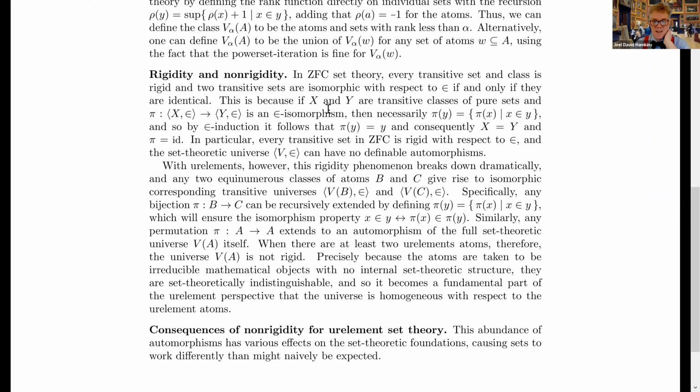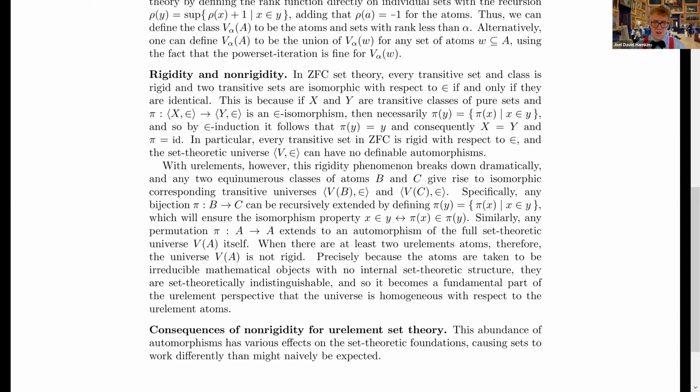But in ZFU, that is breaking down completely, because any equinumerosity of urelements lifts to an isomorphism of the corresponding transitive classes that are built over them, because you can just define it recursively. It's sort of like the Mostowski collapse. When you define pi of y as the set of pi of x's such that x is in y, it's already defined on the atoms, and then this extends it to the whole class, and it's going to be an isomorphism of those two universes.